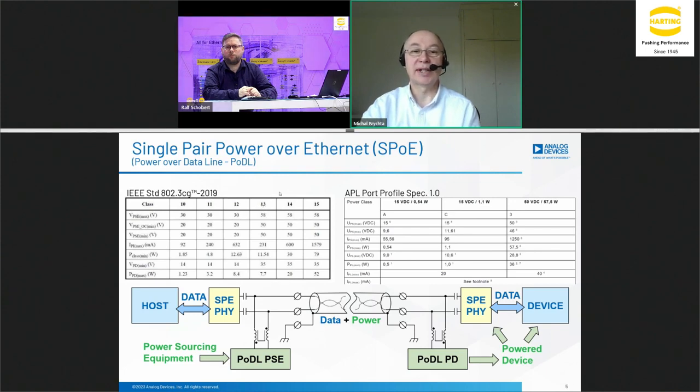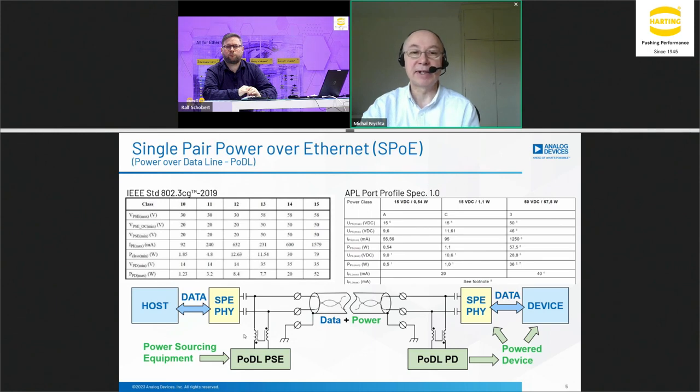And there is a standardization about what power at what voltage should be delivered from the power source to the power device. So some terminology: power source equipment is the device that is giving the power over the cable. The power device is the device that is taking the power and using the power for its own operation. And as you can see, it's sharing the same cable.